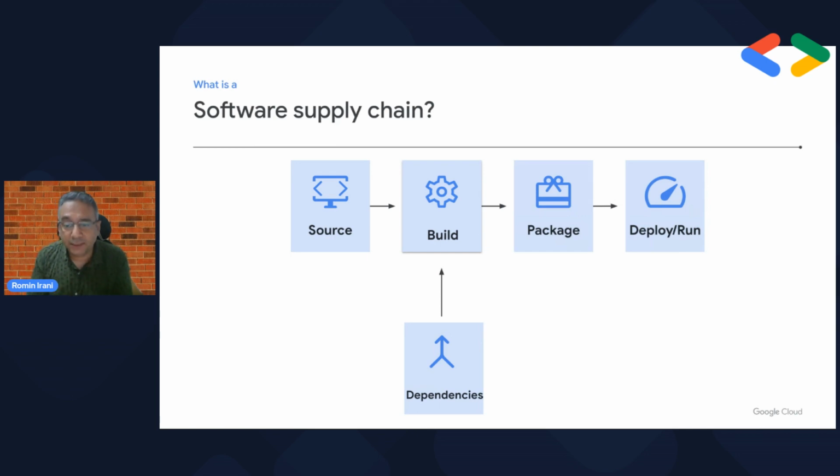Now, most organizations that we have looked at, even as of now, mostly focus on the last part which you see, which is deploy and run. They try to protect that environment, saying, hey, our production environment needs to be really secure. We don't want anything going wrong with it. That to us is core security.